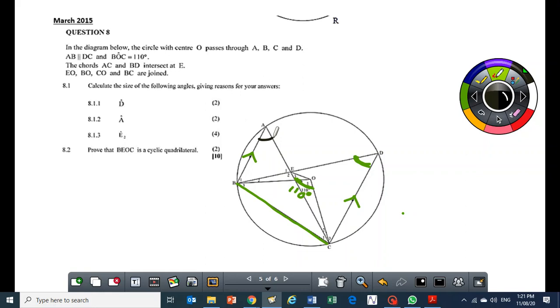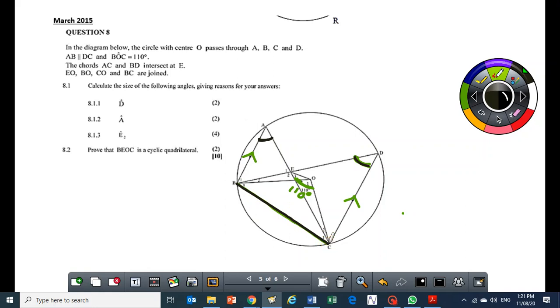Now again, if you look at angle A, it's an angle at the circumference. And angle D is an angle at the circumference. And both are subtended by chord BC.